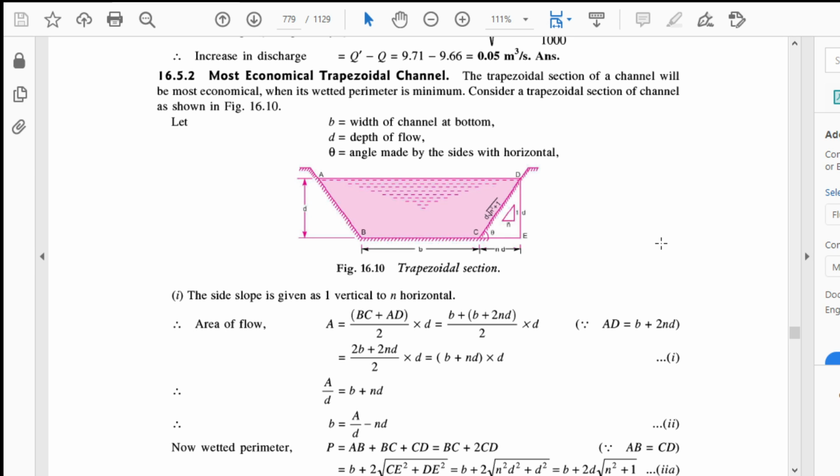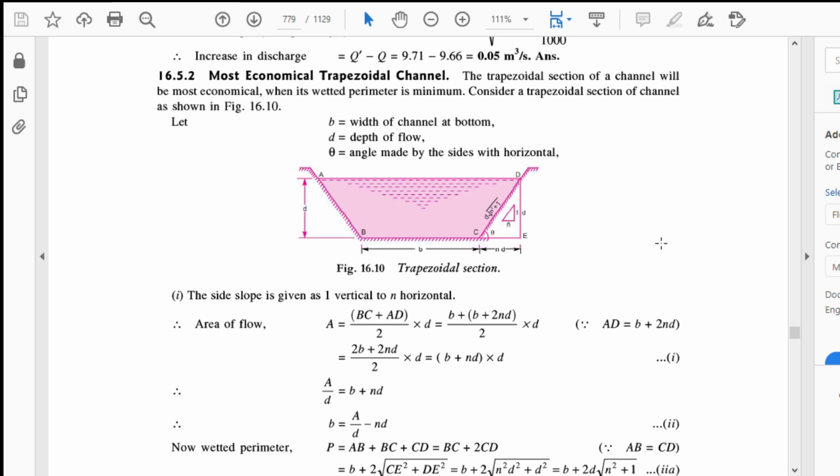We have seen the conditions for the most economical rectangular channel. There are two conditions. First, the width of the channel should be two times the depth of that channel, and second, the hydraulic mean depth for a rectangular channel should be half of the depth.